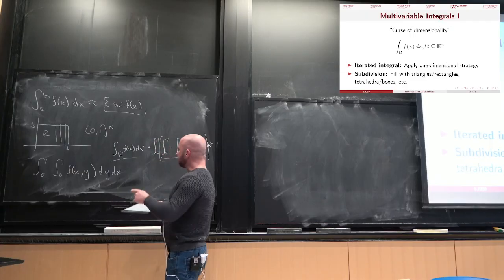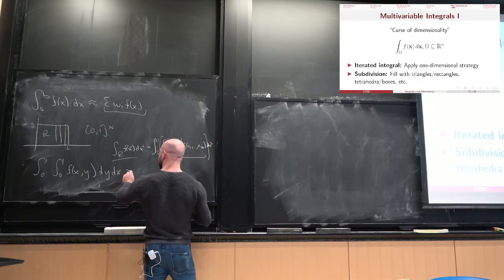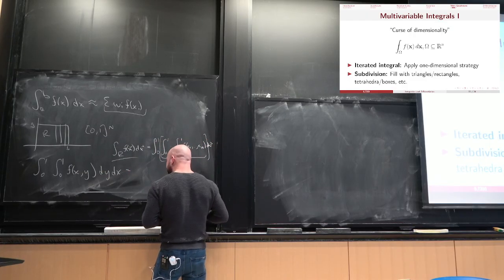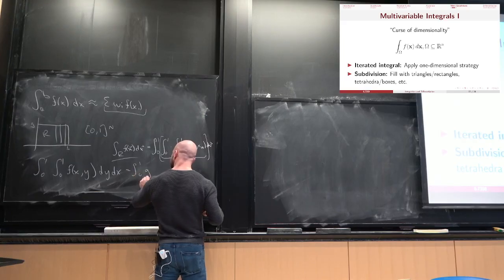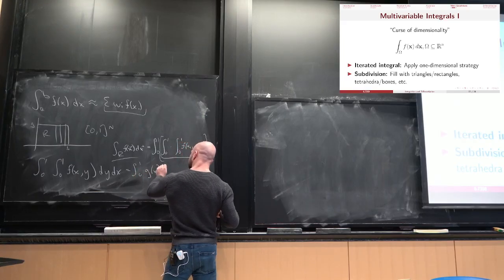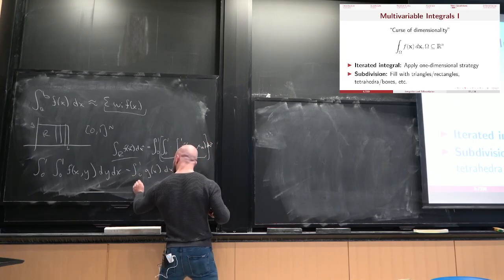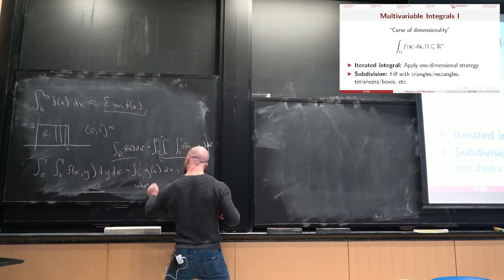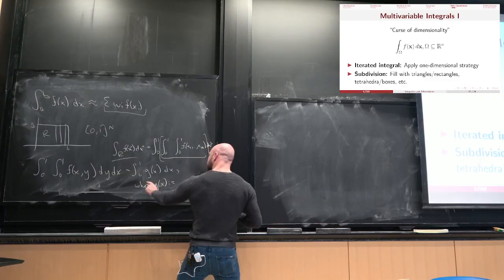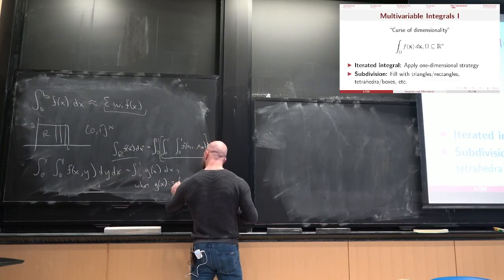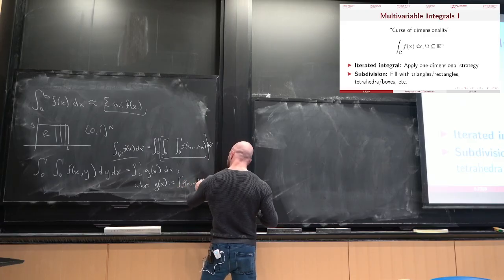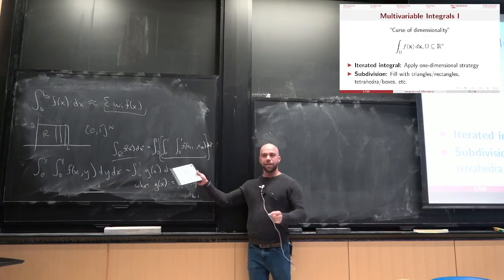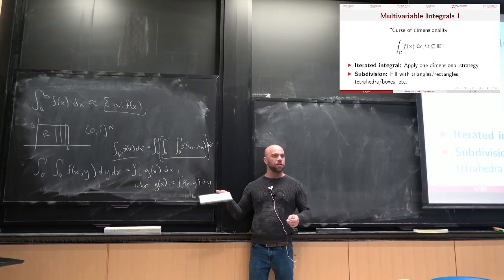Then by this formula, this is the same as the integral from 0 to 1 of g of x dx, where g of x we define as the integral of f of xy from 0 to 1 dy. So here it's made a little more obvious that this is a bunch of one-dimensional integrals.